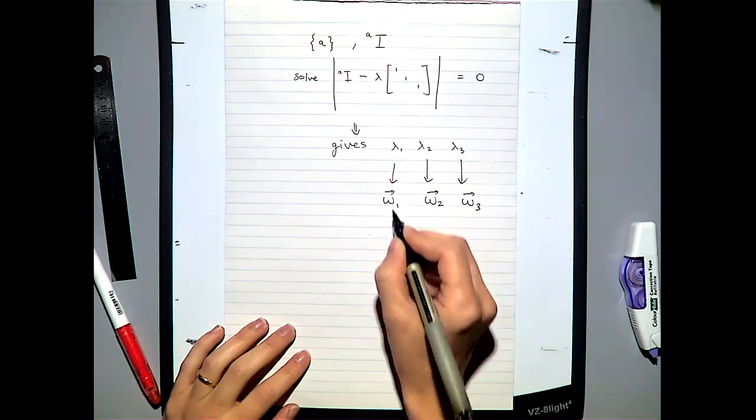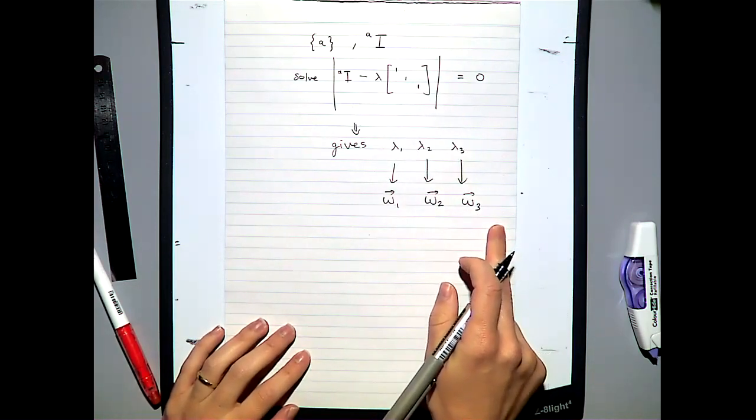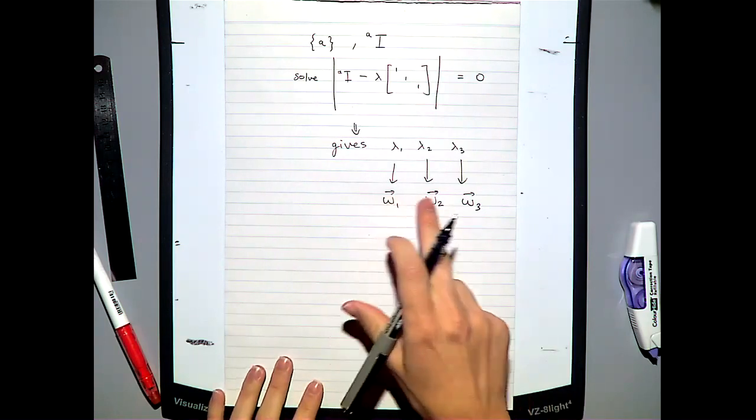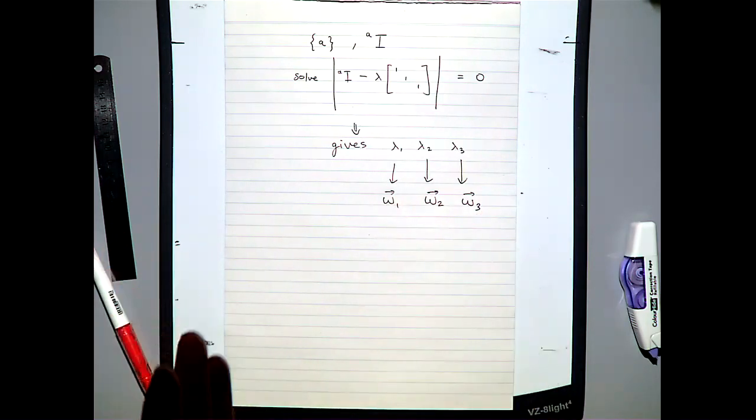You know that these three omegas are pointed in the principal axes, or in the directions of that frame D. So what is left to do is tie all the edges to convince you that these are the right directions, where the axes will be those axes of frame D, and decide which one will be the XD, which one will be the YD, which one will be the ZD.